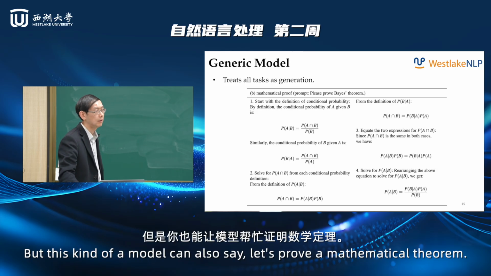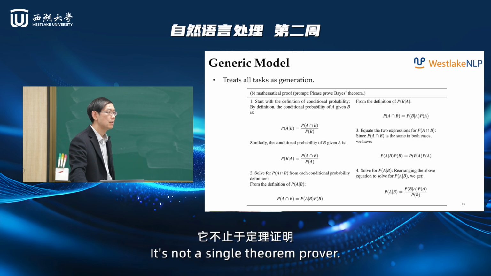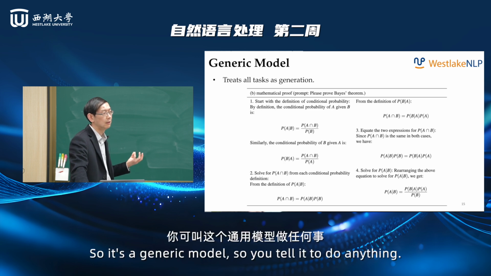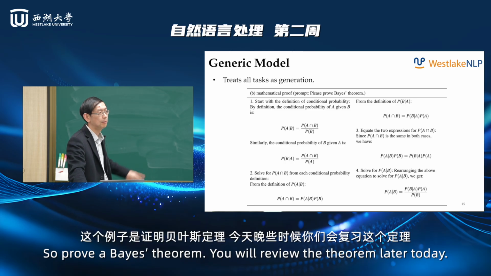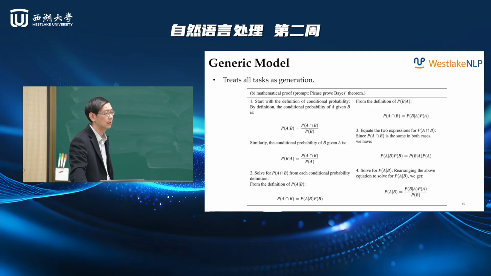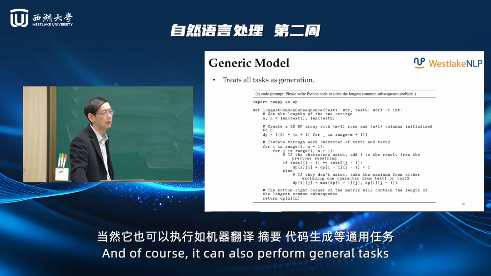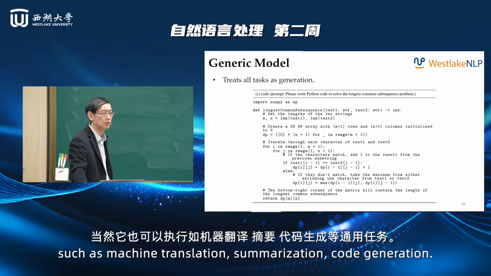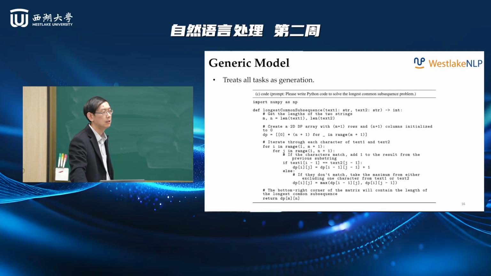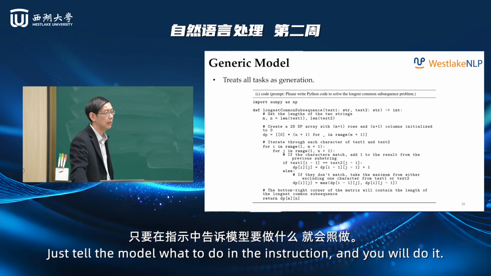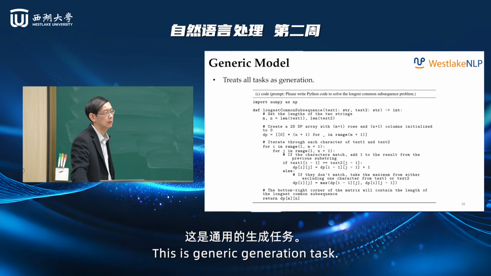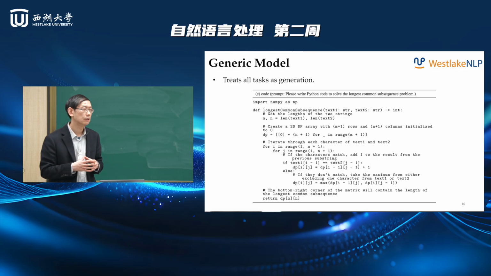But this kind of model can also be told to prove a mathematical theorem. It's not a single theorem prover, so it's a generic model and you can tell it to do anything. For example, prove Bayes' theorem. You will review the theorem later today. And of course, it can also perform general tasks such as machine translation, summarization, and code generation. Just tell the model what to do in the instruction, and it will do it. This is the generic generation task.